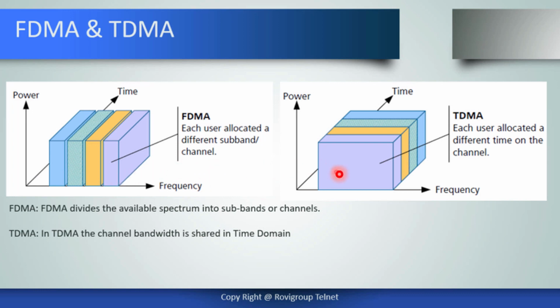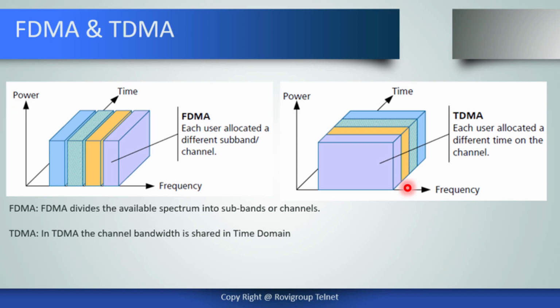In TDMA, what happens is that you have your frequency bandwidth. Now, this frequency bandwidth is not split. The whole bandwidth is provided to a single user for a particular time so that it can use it to send or receive information. Then at another time, the second user uses it, and multiple users can use the available bandwidth at different times.